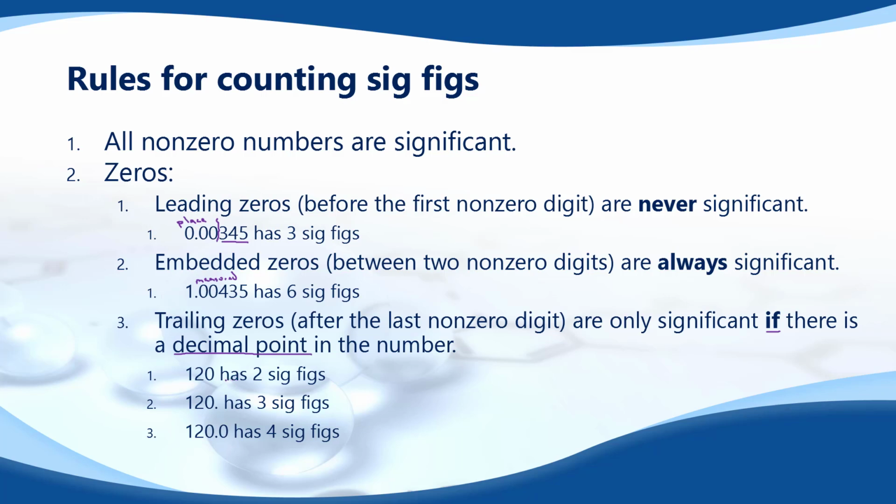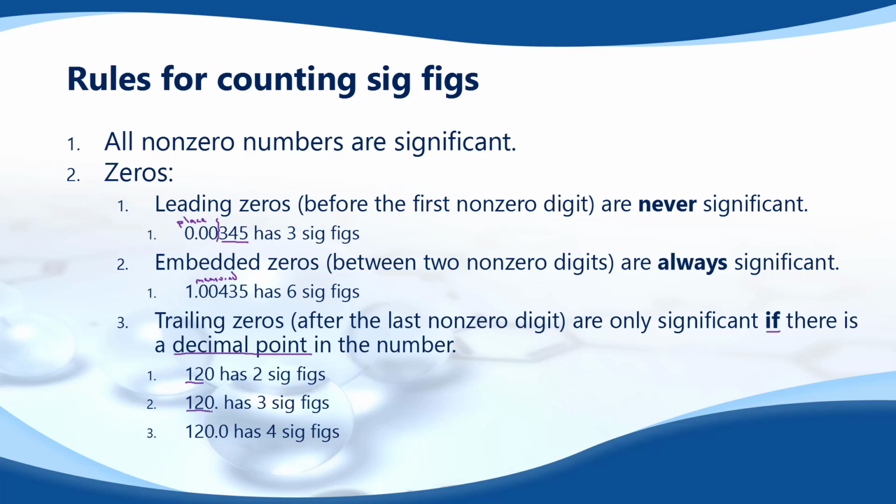So as our three examples, 120 with no decimal point has 2 sig figs. What it means is we rounded that answer to the nearest 10. So it's somewhere between 120 and 125. The second example, 120.0, has 3 sig figs.